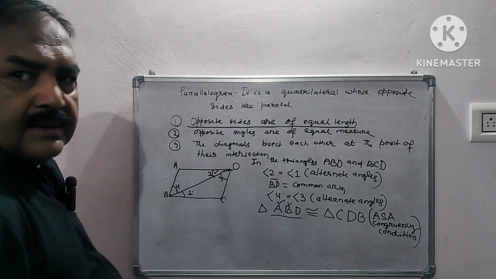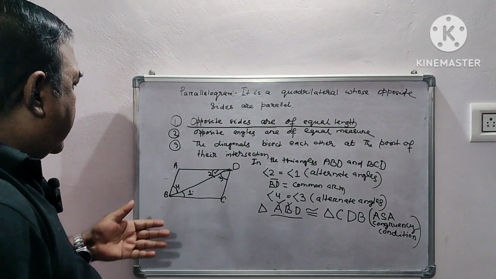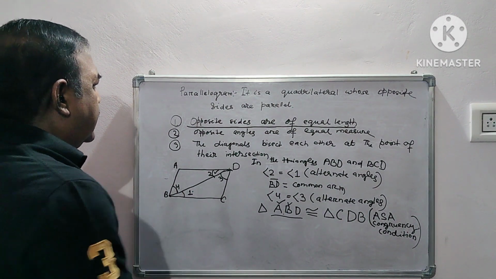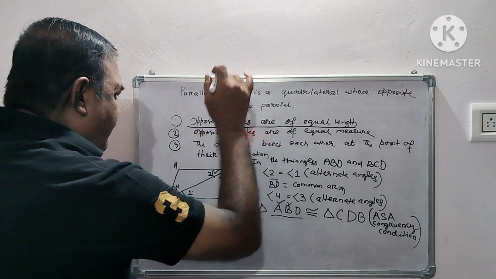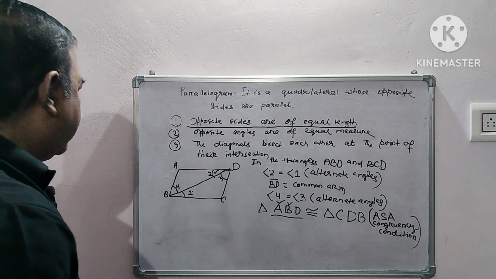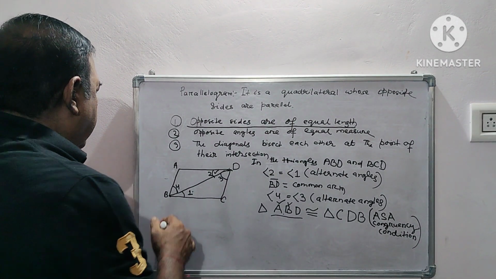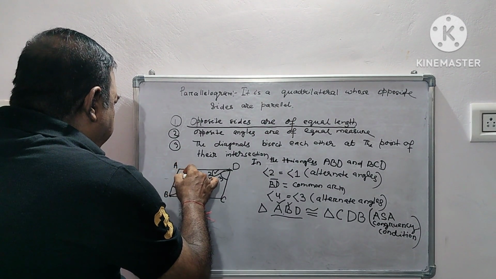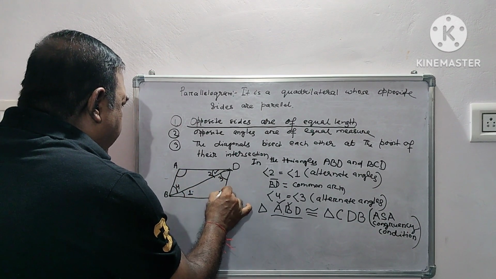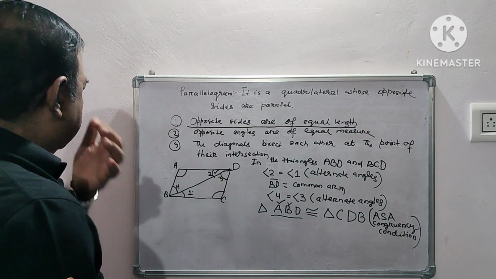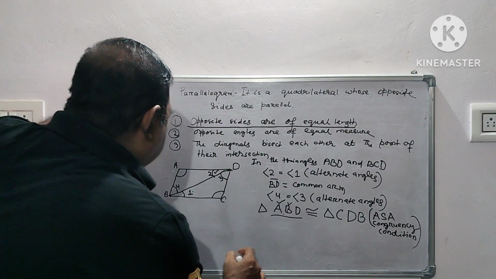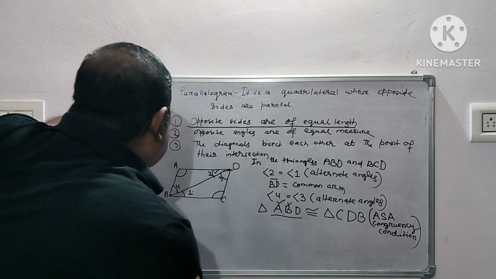So what happened? Now we can see here, opposite sides are of equal length. We can get it. How? You see. Now we knew that angle A is equal to angle C. Yes or no?